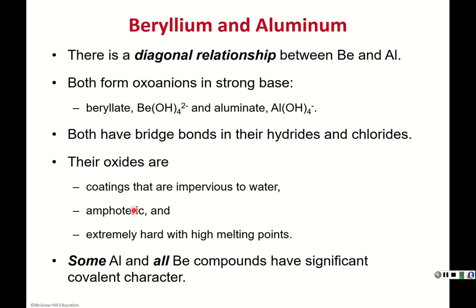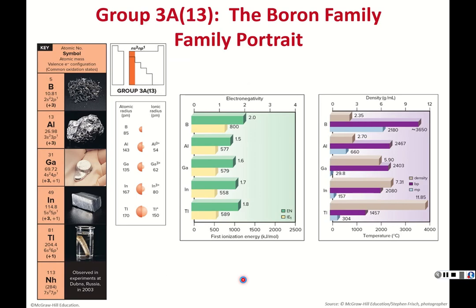The oxides are amphoteric, meaning they could act like a base or an acid, and they're both extremely hard with high melting points, the oxides of the two metals. Some aluminum and all beryllium compounds have significant covalent character. So that's another similarity between the two, even though they're not in the same group. There is this diagonal relationship.